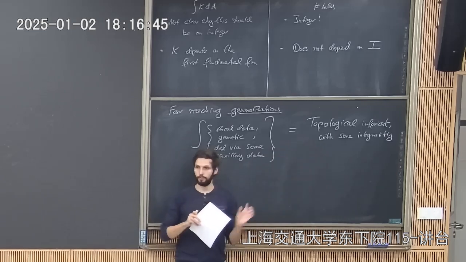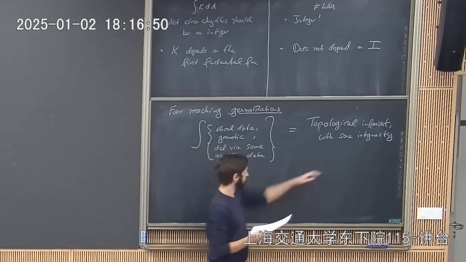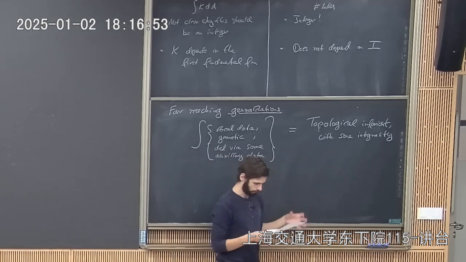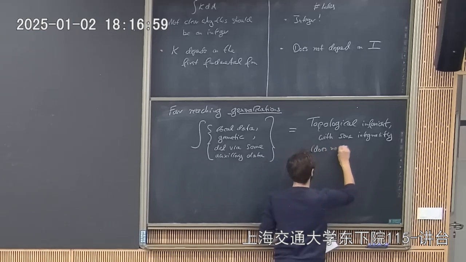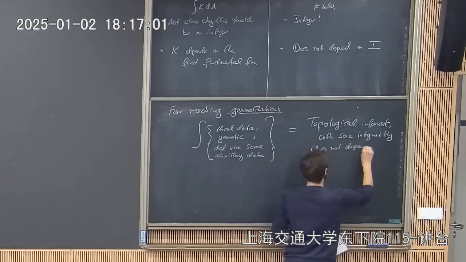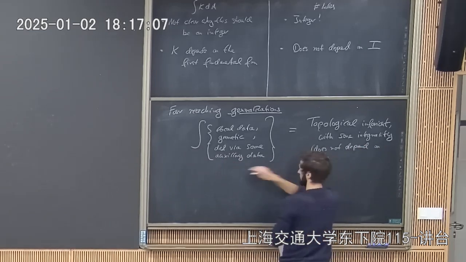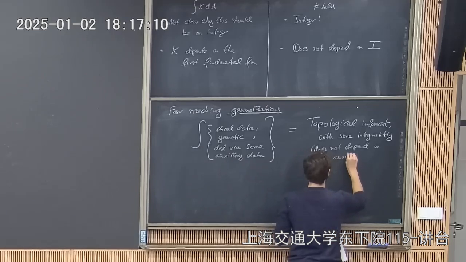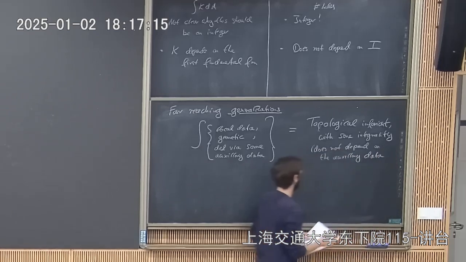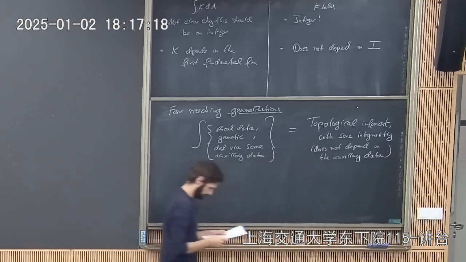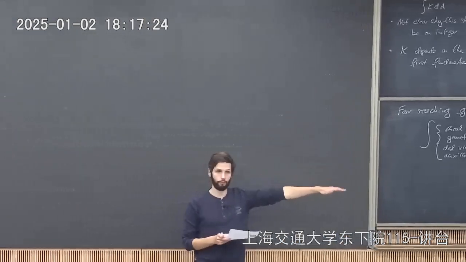Sometimes it's not as easy as really producing an integer, but you get something more difficult, but still something that is kind of an integer or discrete. And it does not depend on the auxiliary data that you use to define the left-hand side. So there are many theorems of that form by now.